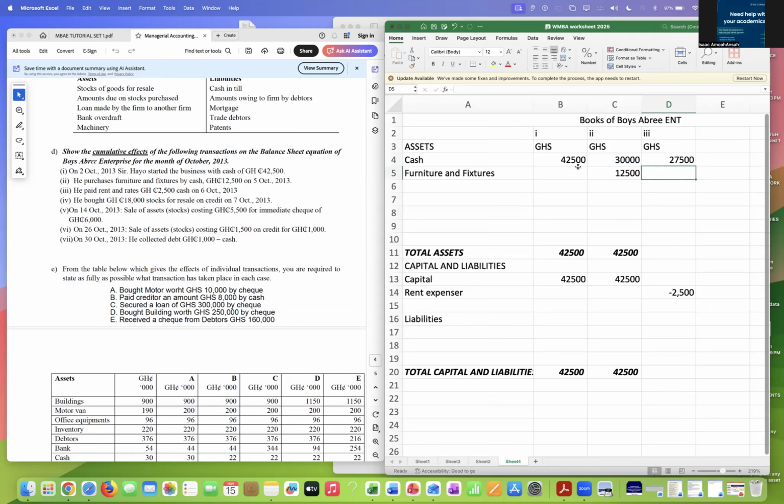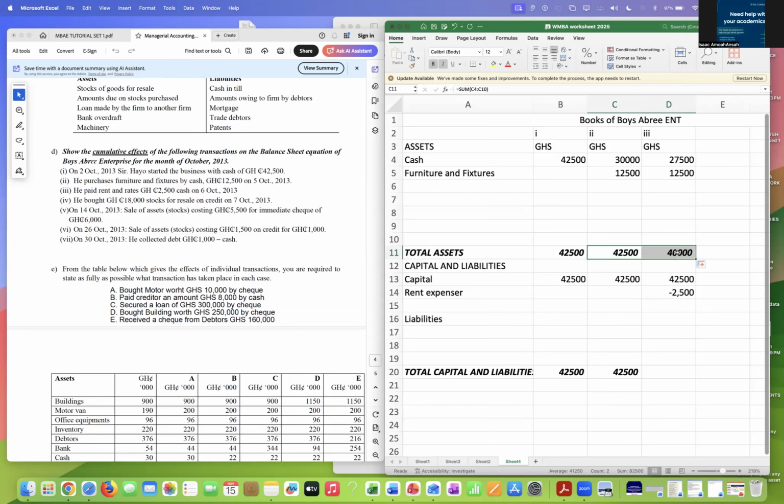This transaction has not brought in any new furniture and fixtures, so our furniture and fixtures will stay the same at 12,500, right? This transaction has not brought in any new capital from owners, so capital from owners will stay the same. Let's try to see if we can generate the total for this side. The total will be the addition of 27,500 and 12,500. That will give us 40,000.